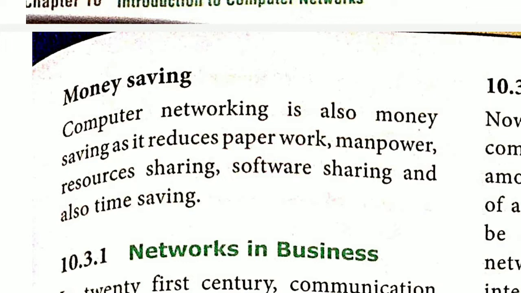Okay, so if you are having a meeting in real time, then you need a separate room for it, and all the furniture costs, everything. Okay, so if you are organizing a meeting in a virtual way, then it will be much more cost efficient, with less expenses. Okay, so next is networks in business.